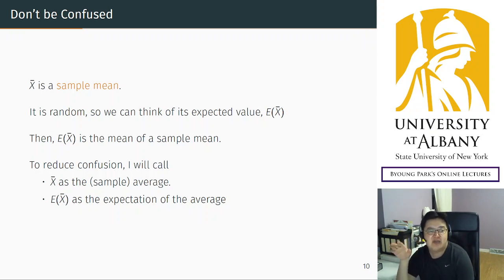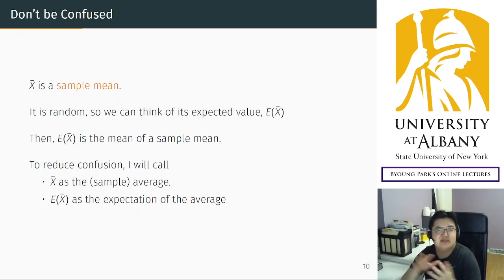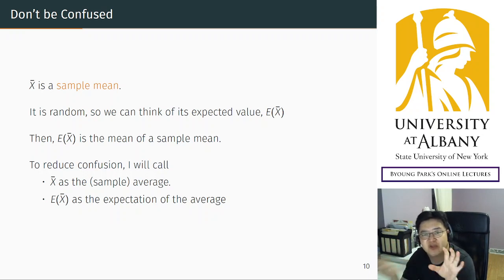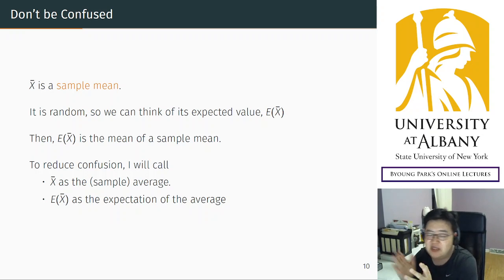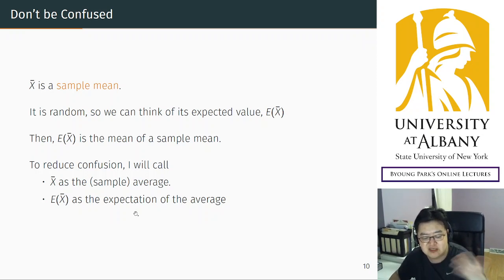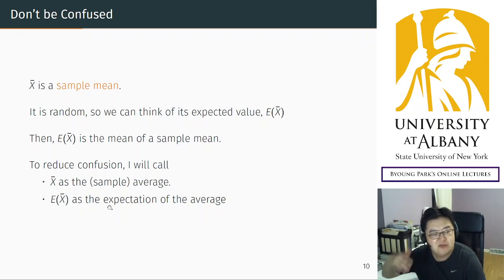I may break the rule sometimes, but when there can be confusion, I will try to distinguish them this way, or I will explicitly tell you whether it is sample or population. The distinction between sample and population has been discussed from chapter 1, and it will become more important in the following chapters on statistical inference. So make sure what we are talking about, what you are handling.